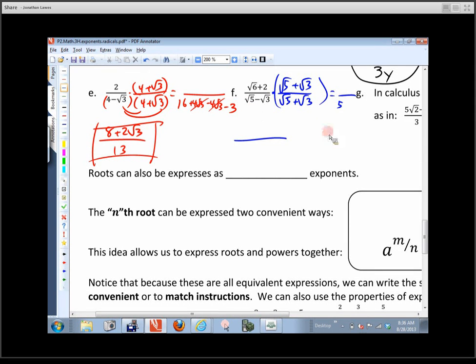Remember we talked about that? If you're squaring a square root, you get whatever's underneath the radicand. Minus, it's always going to be a minus, 3. It's whatever these numbers are right here, if they're both radicals. Okay? It's the square of this one minus the square of that one. That's why it was 16 minus the square of radical 3 is 3. That's why the denominator there turned out to be 13.